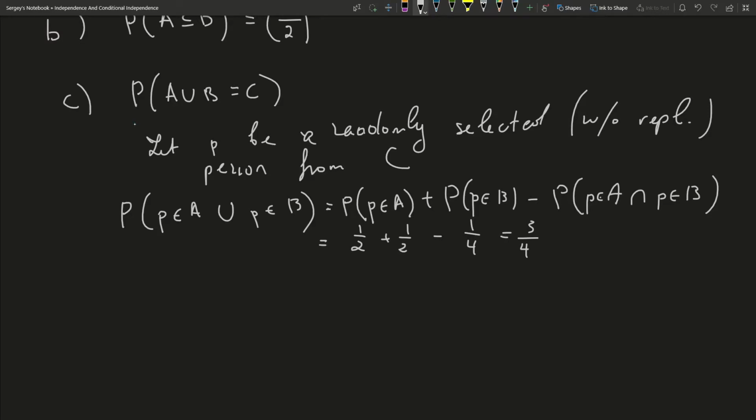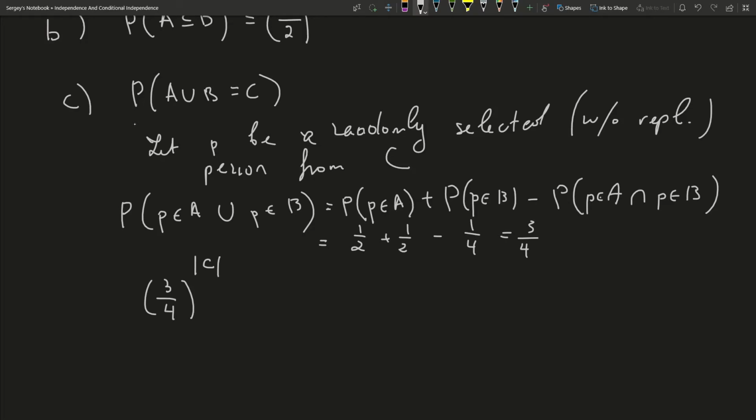And we'd like this to be true for all the people in C. For every person in C, we'd like them to be friends with either Alice or Bob. So the probability is going to be 3/4 to the cardinality of C. Again, the friendship statuses are independent amongst people.